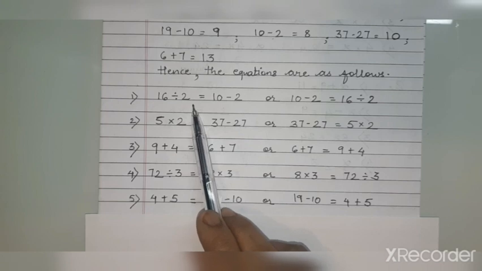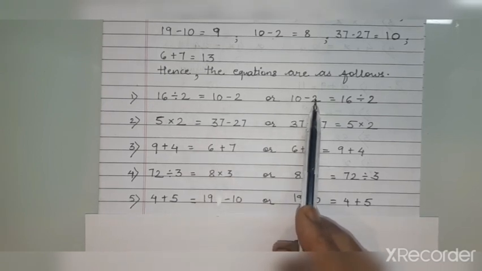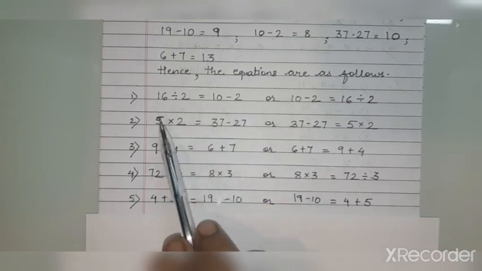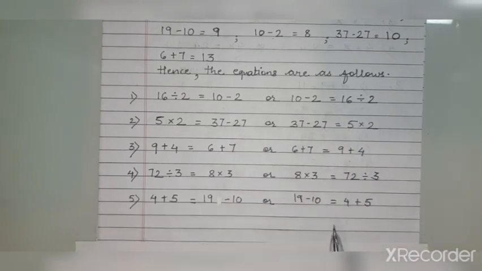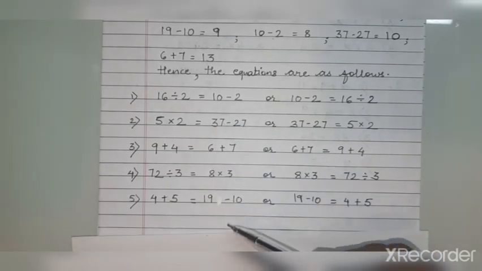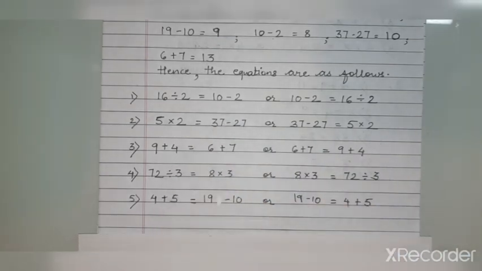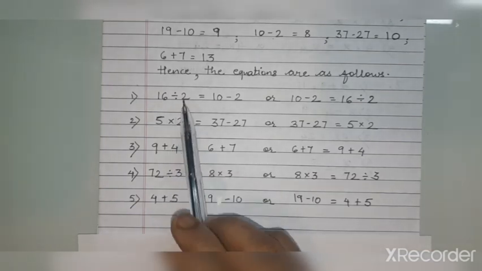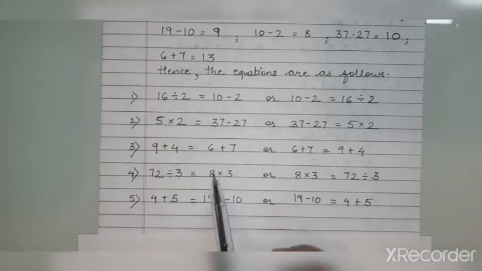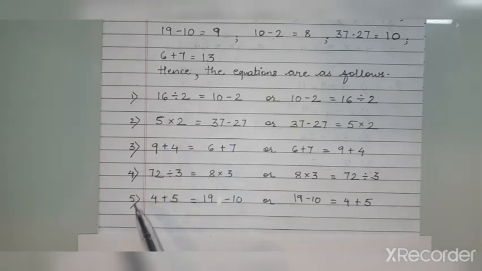So this particular equation you can also write in this form by exchanging left to right. There were altogether 10 expressions: 1, 2, 3, 4, 5, 6, 7, 8, 9, 10. We have got 5 sums because we have written two together with the equal to sign.